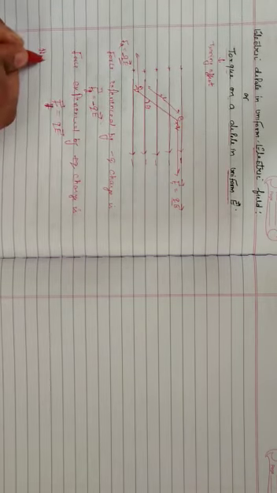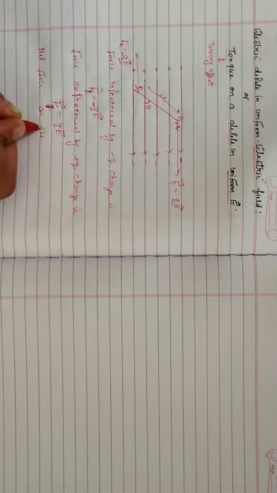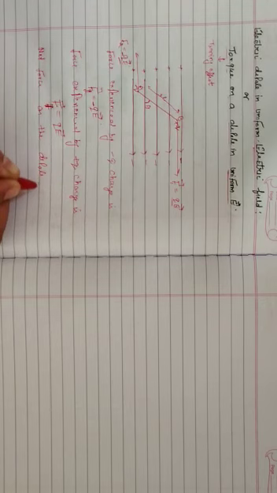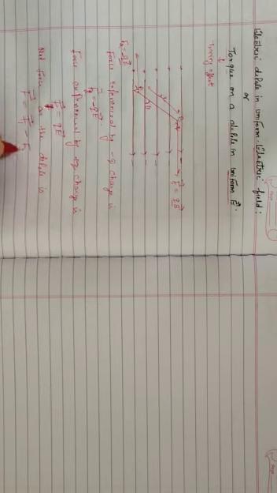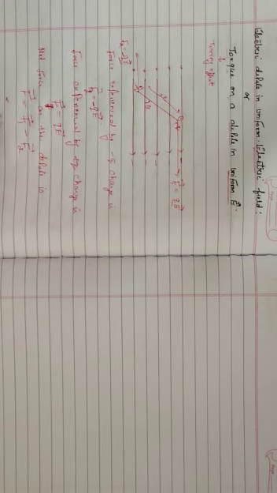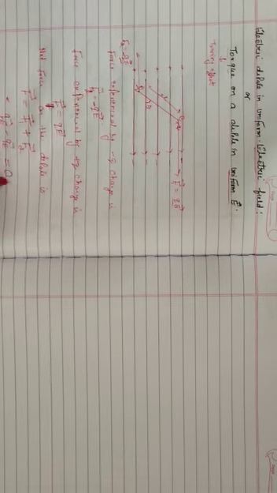So the net force on the dipole is F1 minus F2, that is qE minus qE, which is equal to 0.